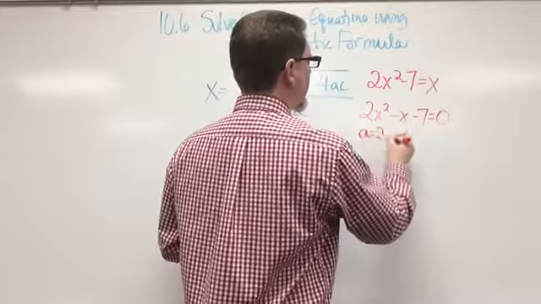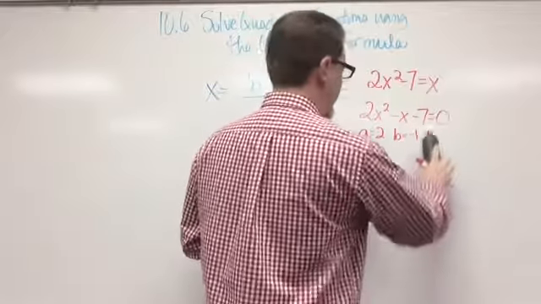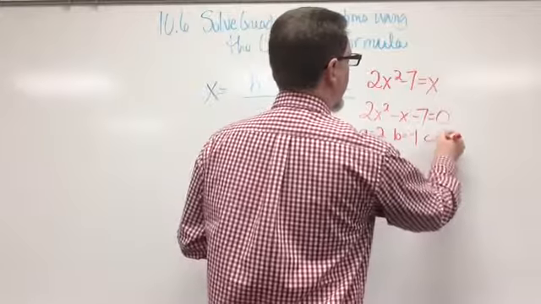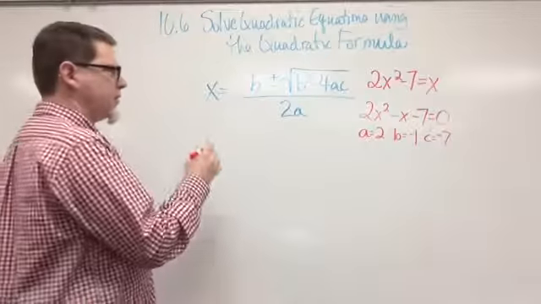A equals 2, b equals negative 1, and c equals negative 7. So now I'm going to take those and plug them into my quadratic formula.